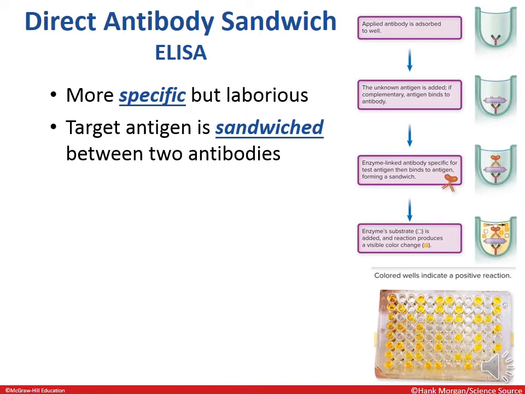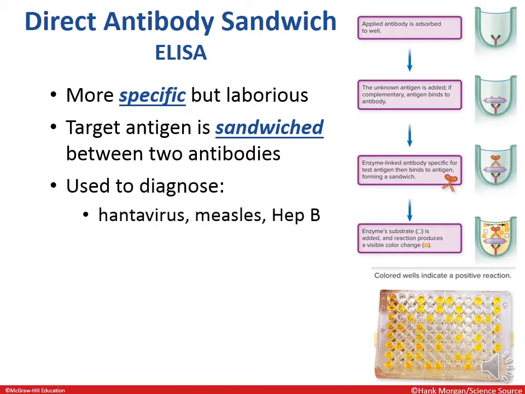And so the antibody is loaded to the well. The antigen, if it sticks, will then be bound with a secondary antibody that is then enzyme linked and will then convert the reagent into the color change like we saw in the other one.